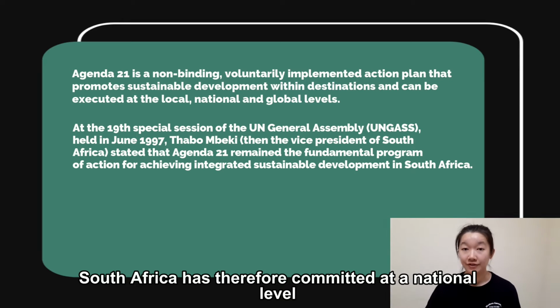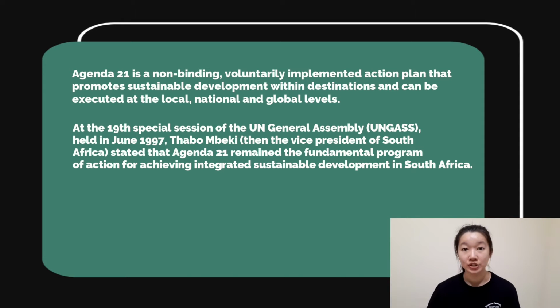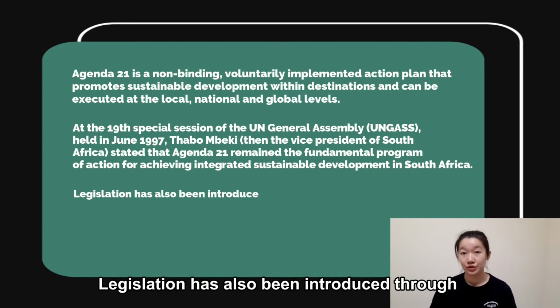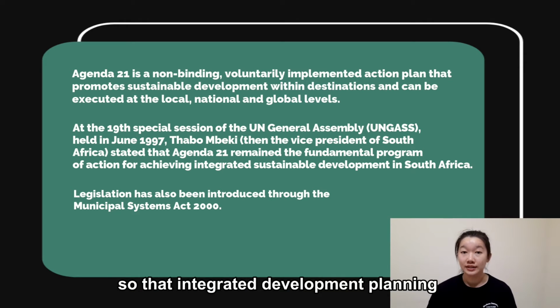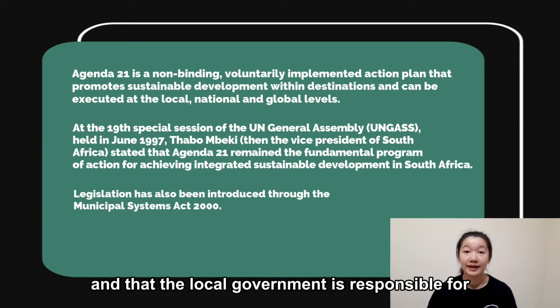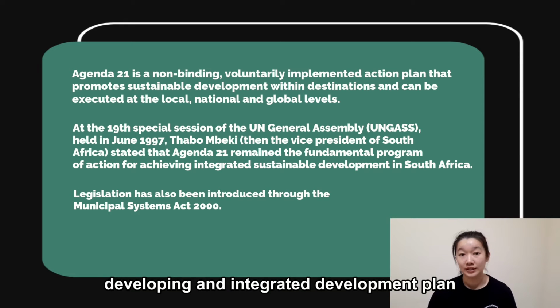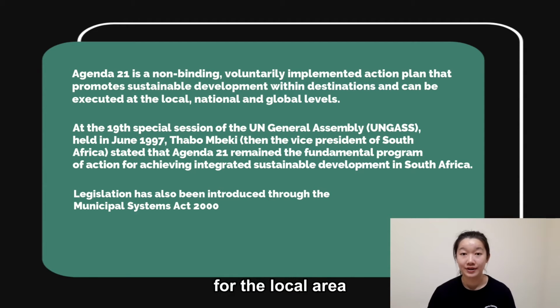South Africa has therefore committed at a national level to implement Agenda 21 through their local authorities. Legislation has also been introduced through the Municipal Systems Act 2000 so that integrated development planning becomes a local government function and that the local government is responsible for developing an integrated development plan for the local area.